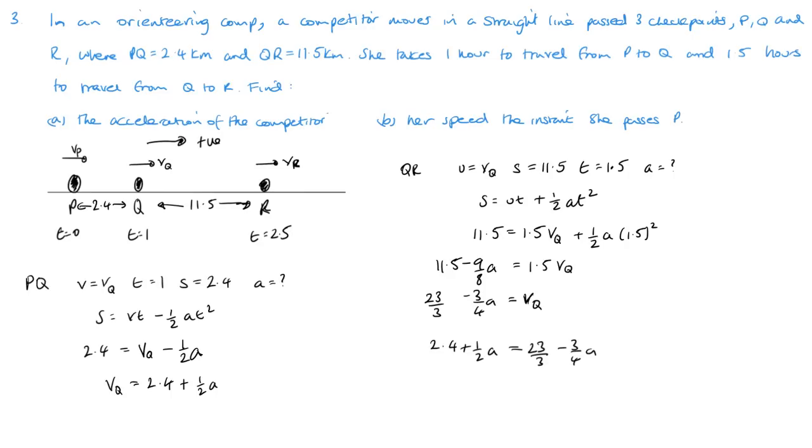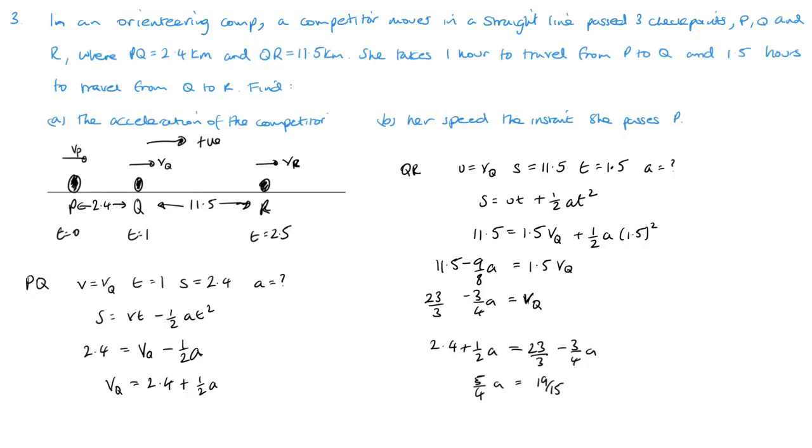So a half plus 3/4 gives me 5 over 4 A, and then 23 over 3 minus 2.4 gives me 19 over 15.